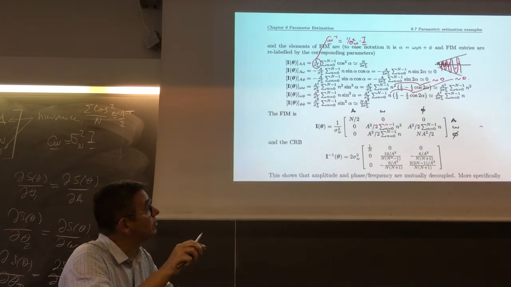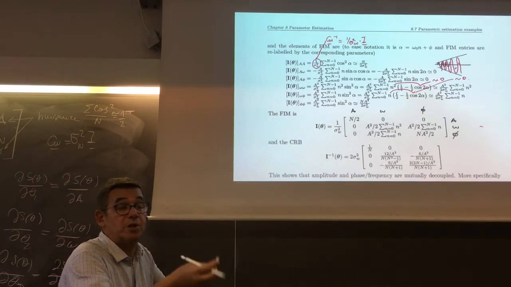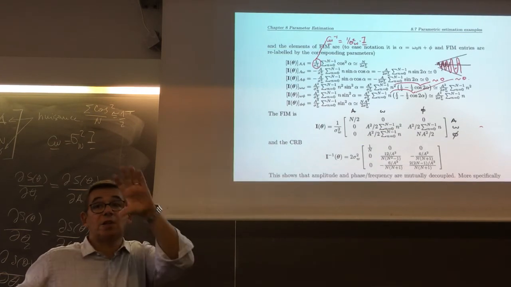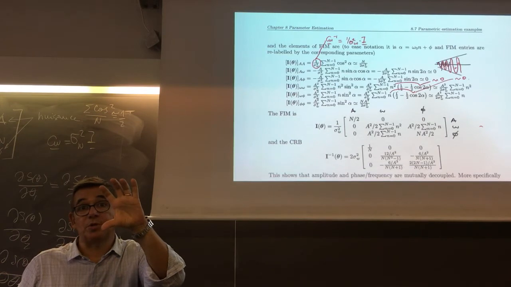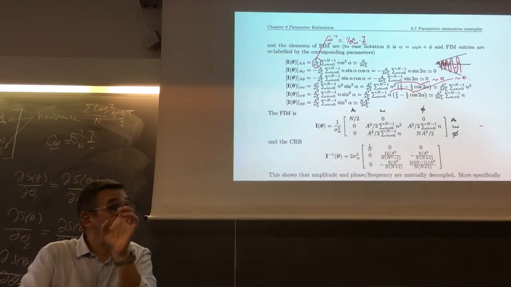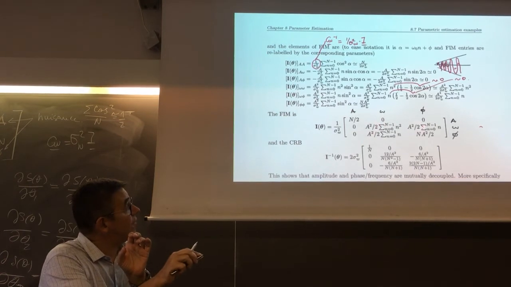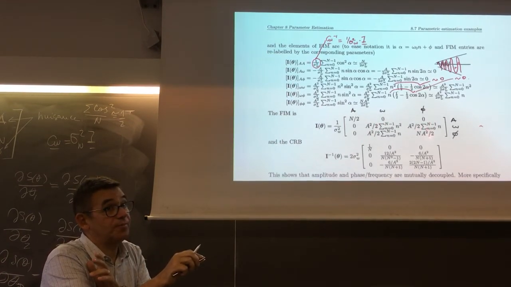So the two sample parameters, okay, they are decoupled, which means the estimation of the amplitude could be separated from the estimation of frequency and phase. Here, frequency and phase are coupled.